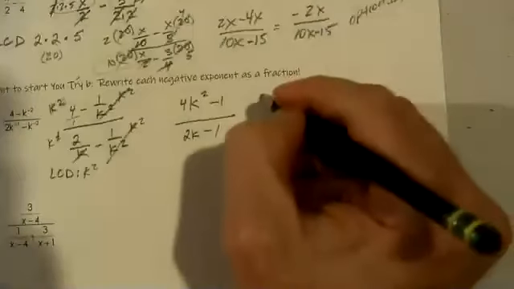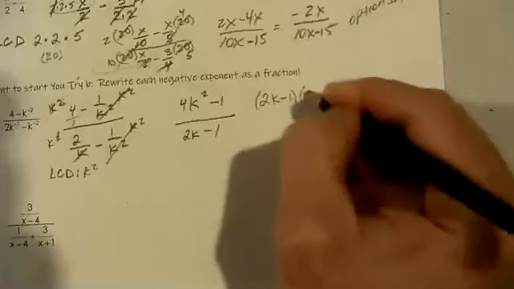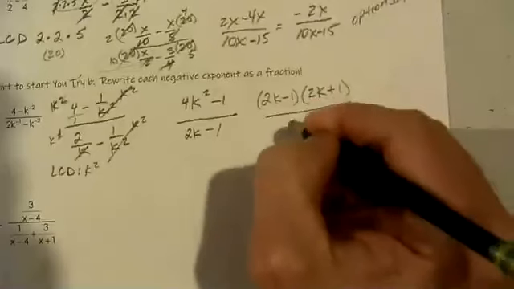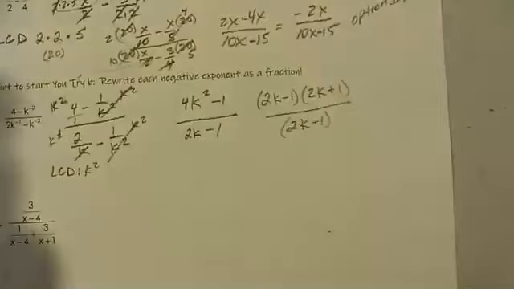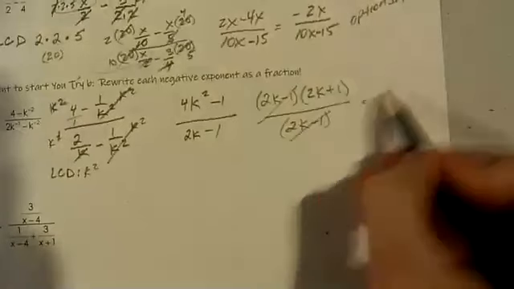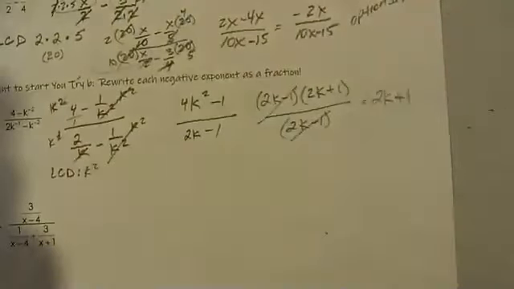So actually, this can be factored apart. Which can be reduced, and it's just 2k plus 1. And that's why it's important to be able to reduce.